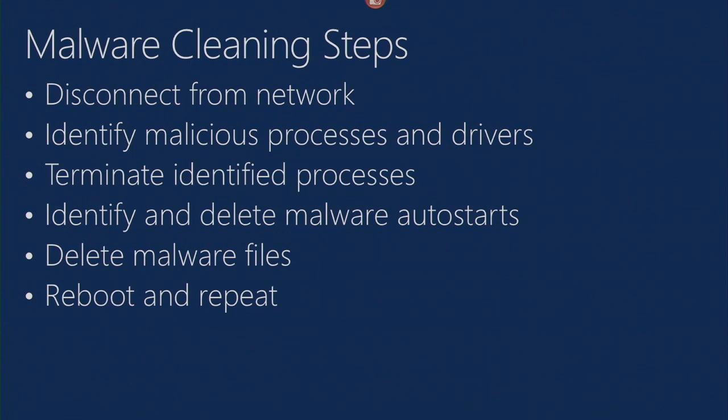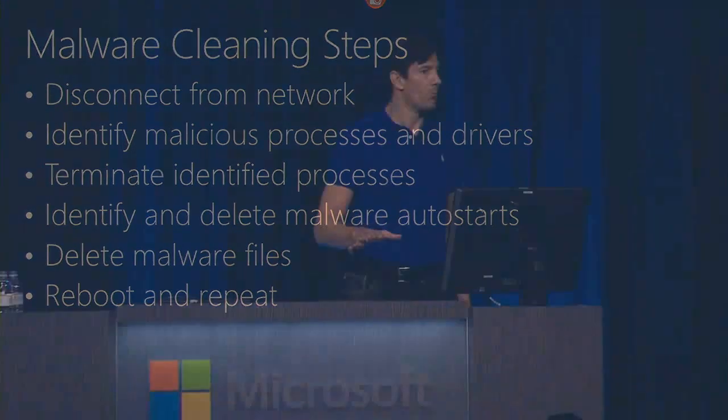But another reason, even today with the more stealthy kind of malware that doesn't actively pull down stuff, is that if you detect malware on a system, you want to disconnect it from the network so that you can stop the exfiltration of data off the system. So you've already probably lost data. You might lose more of it. So disconnecting from the network is one of the steps in the process.